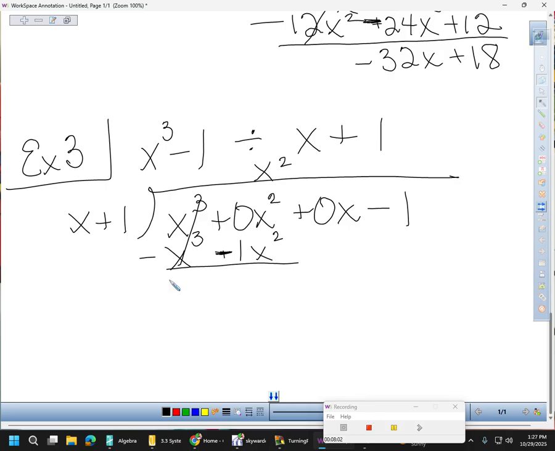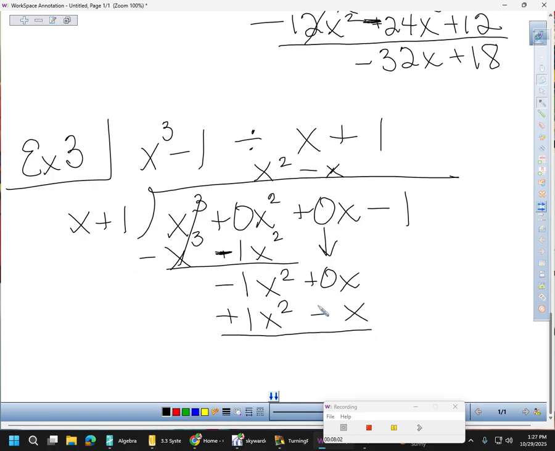I have 0x squared minus 1x squared, which is negative 1x squared. Bring down my plus 0x. What times x will give me negative 1x squared? Good, negative 1x. Negative 1x times x is negative 1x squared. Negative x times 1 is negative x. Draw my line, change my signs.